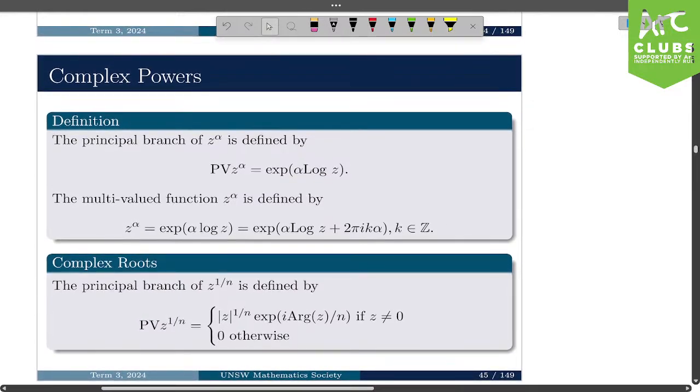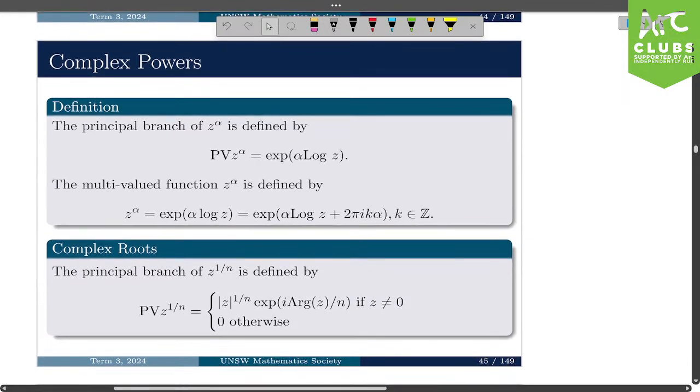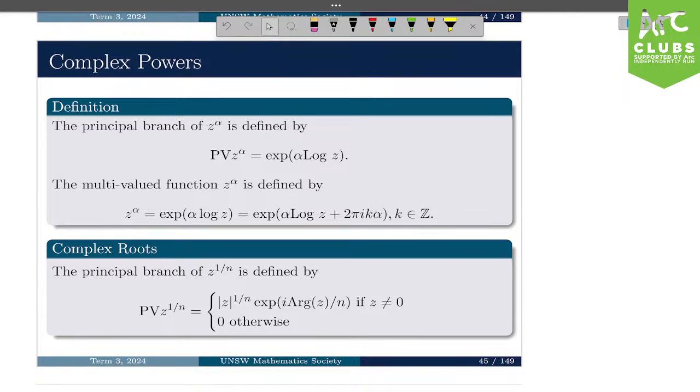All right. Another thing that we can do in the real numbers, but we don't know how to do in the complex plane, is raise numbers to a number power, right? So in the real numbers, we know how to do something like root 3 to the power of pi. We know that this is going to evaluate to a real number, and that real number is going to be unique. We could try defining something along those lines for complex numbers as well.